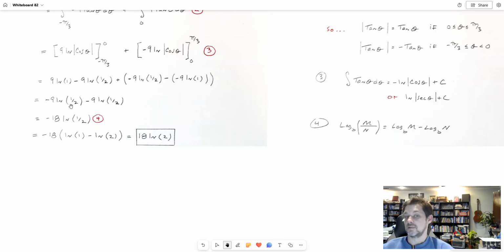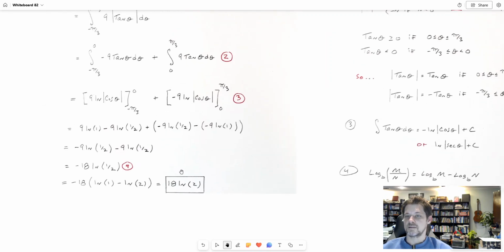So we say natural log of 1 divided by 2 is natural log of 1 minus natural log of 2. Natural log of 1, everywhere you see it, is 0. So I get negative 18, distribute, negative natural log of 2, positive 18 natural log of 2. Okay, so that's how we solve it.